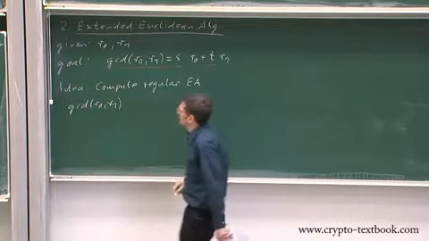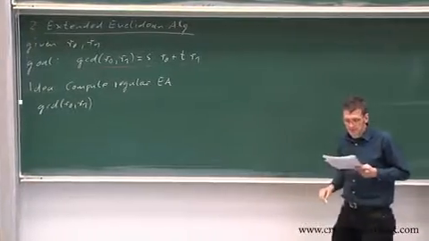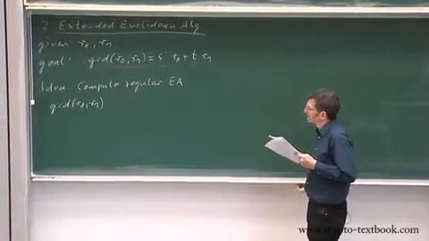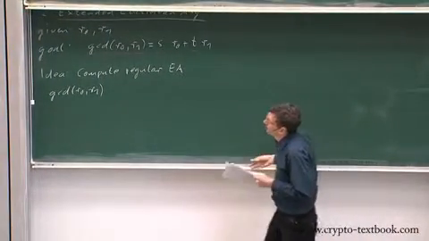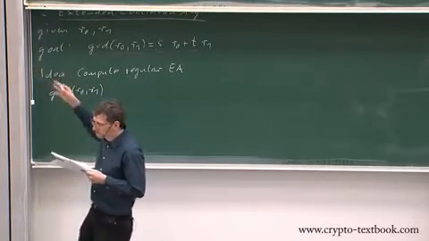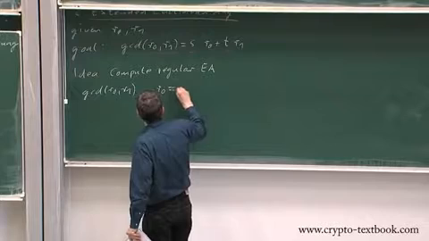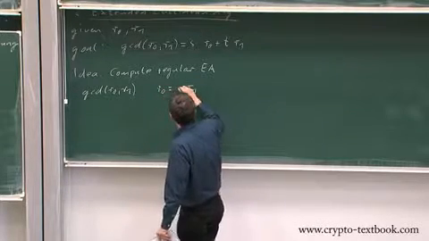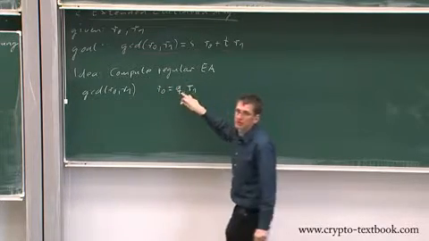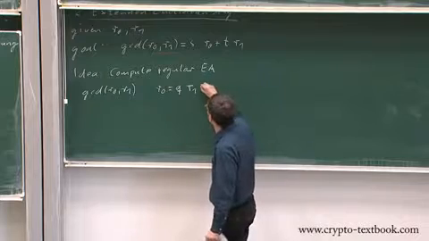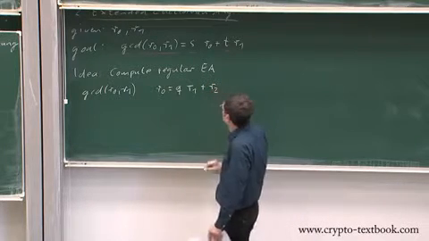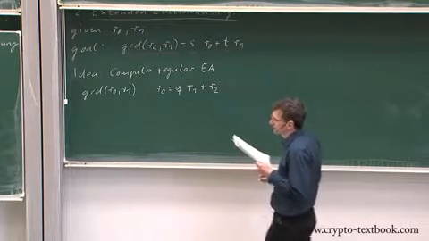As before, you start with the GCD of R0 and R1. And how do we compute that? You always look at this representation. You say R0 is a quotient times R1 plus a new remainder R2, okay?